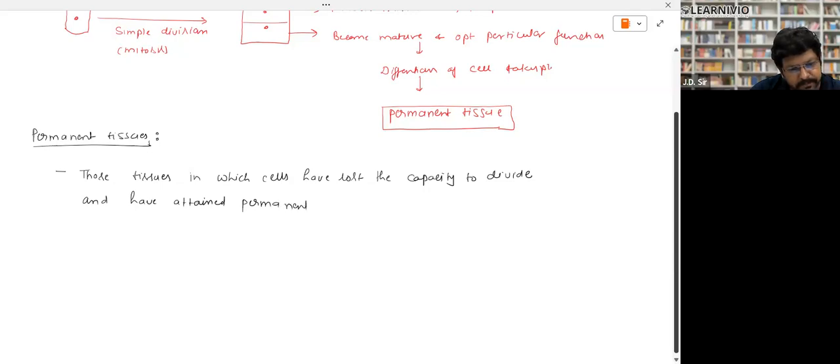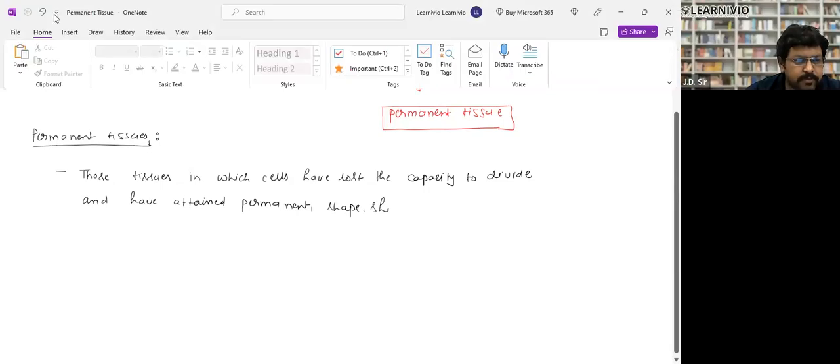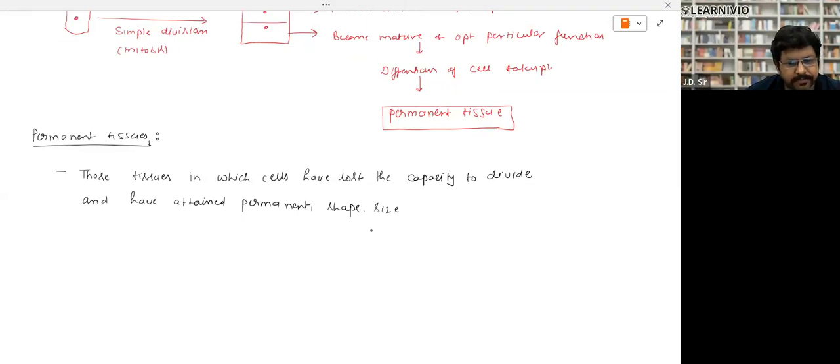Permanent shape, size, and function. That means differentiation, which we have represented above, due to differentiation.